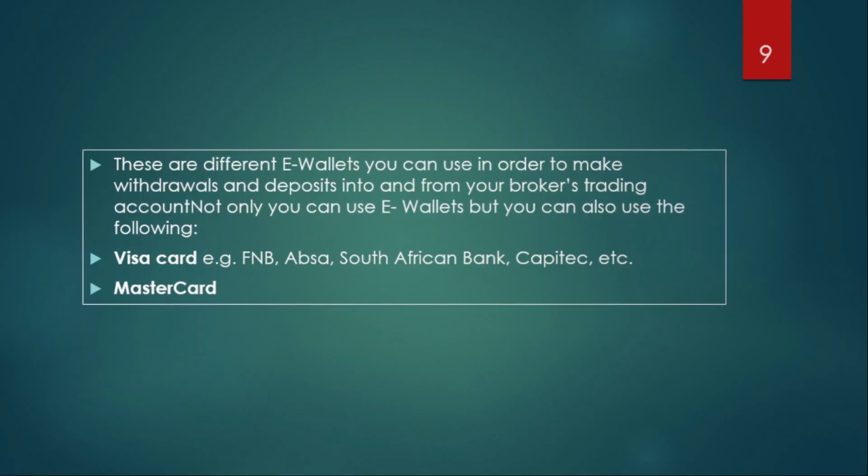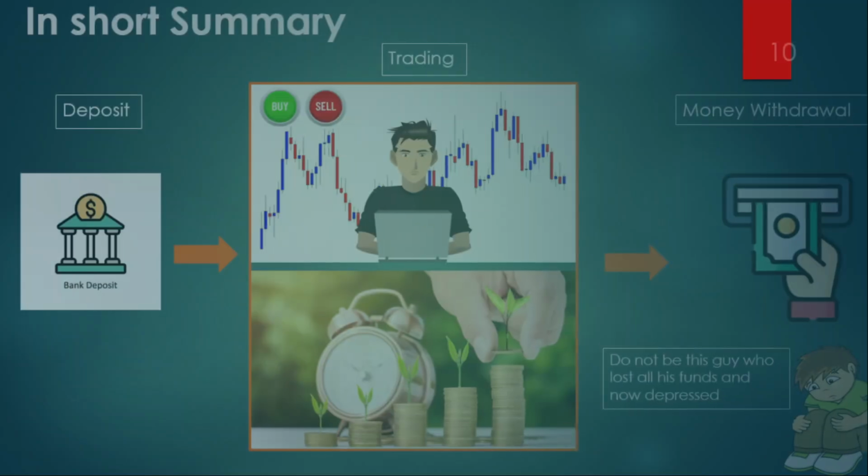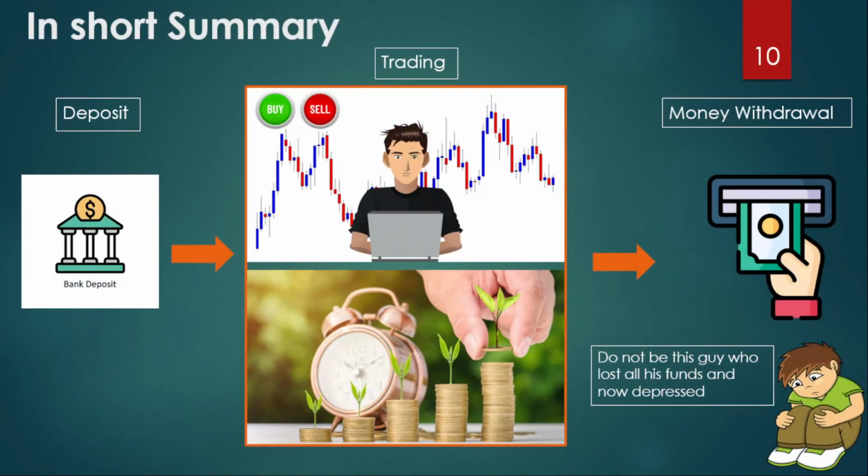So in short summary, this is what actually happens. You deposit your money into your bank account, and then you go to the market. In the market, you trade. What are you actually doing in trading? You are growing your money by doing buy or sell with respect to your analysis.